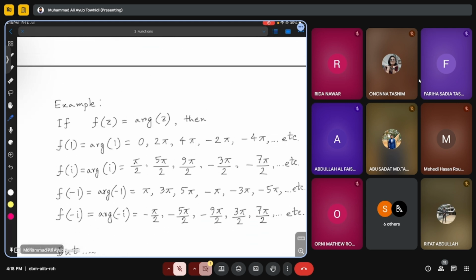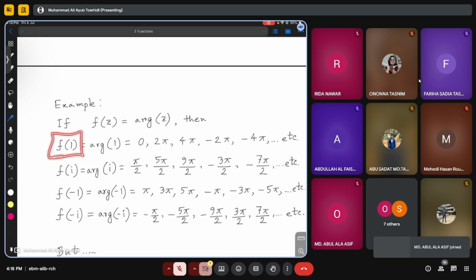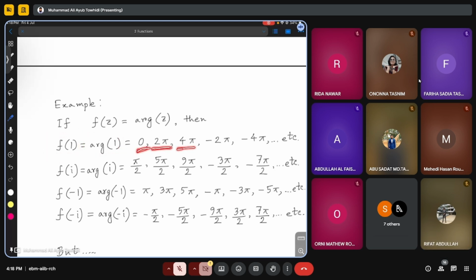For example, let's look at this function. F of z is argument of z. Then what is f of 1? F of 1, that means argument of 1. So it can be 0 or 2 pi or 4 pi or -2 pi, -4 pi, anything, right?